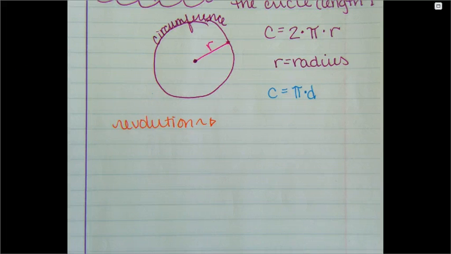Understood? What has a revolution? If you come in a vehicle to school, the wheels. Because the wheels turn. They don't just spin in one spot. You wouldn't go anywhere, correct?